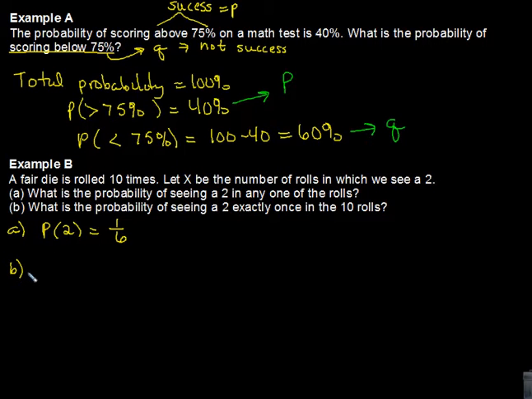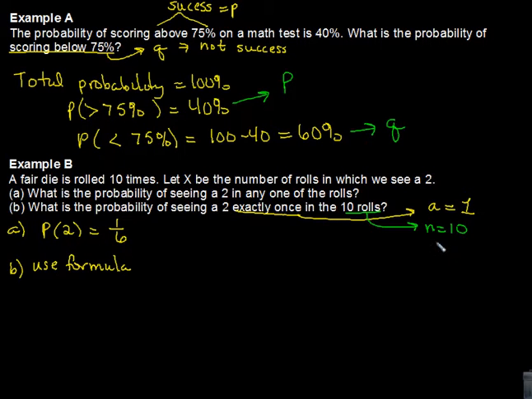Now for B, we're going to have to use the formula. We want to know what is the probability of us seeing a 2 exactly one time in 10 rolls. Okay, so for this, we want exactly once. That's how many successes we want, so that's A. A equals 1. We're doing 10 rolls, so that's N. Our probability, our P, is our success.